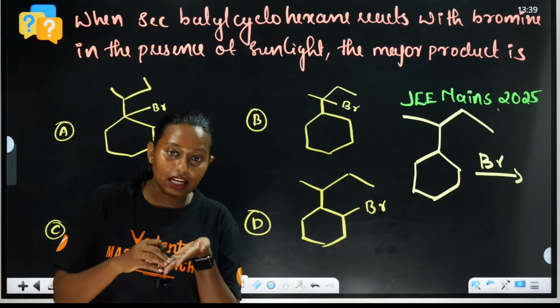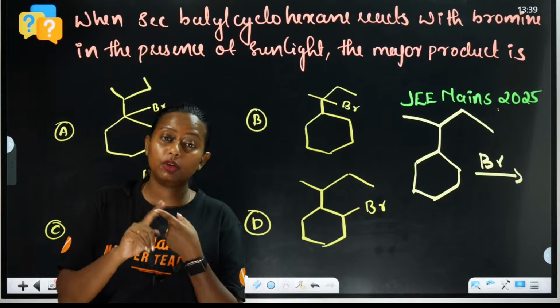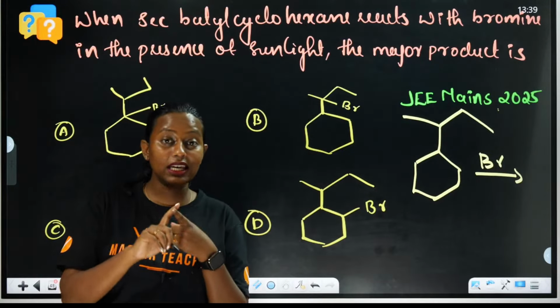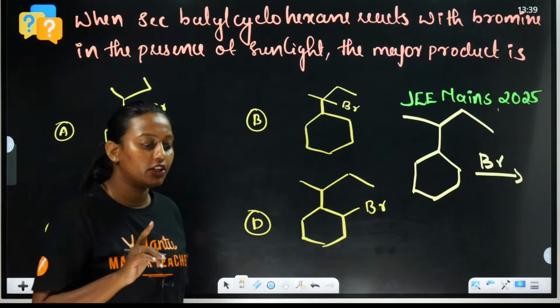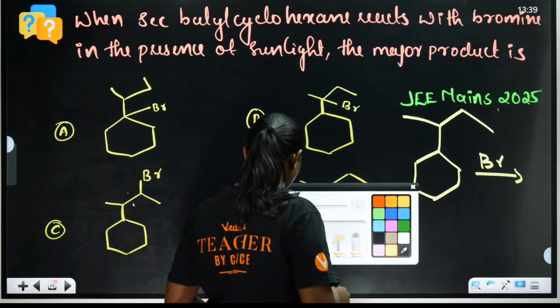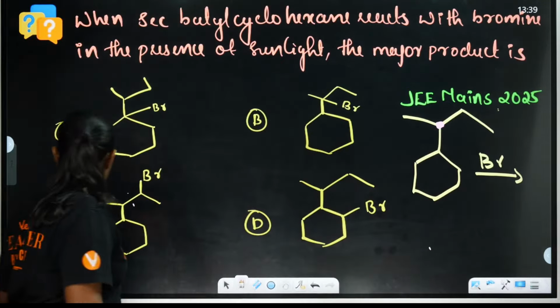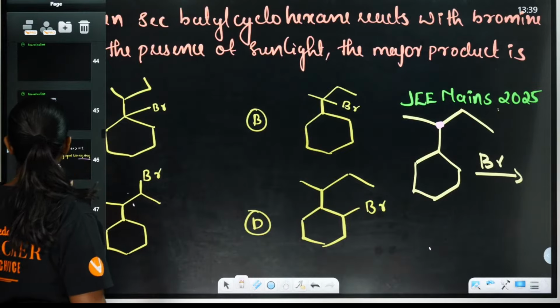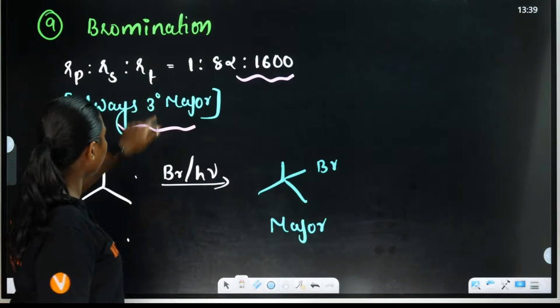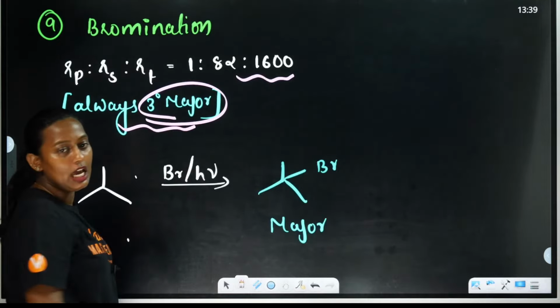Highly selective means it goes to the tertiary position. So where is the tertiary? Tertiary is here. So for bromination, the tertiary product is always the major one.